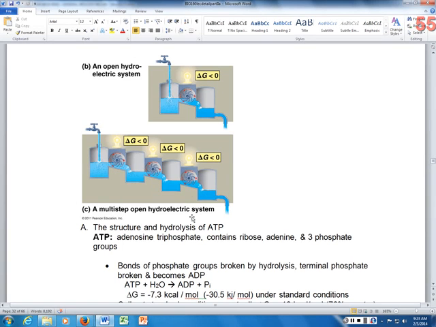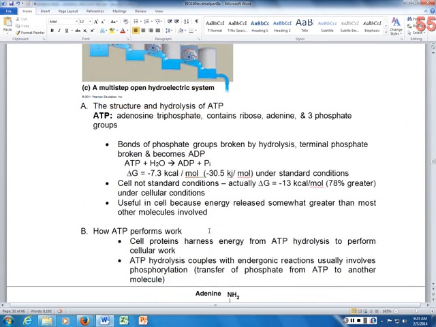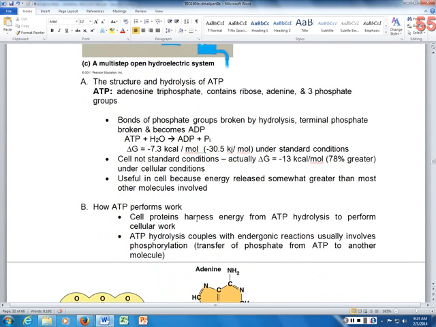The body does that as well. When you break down glucose in your body, it takes multiple steps, so you can take that energy and send it off to different places instead of getting it all in one big lump sum and saying, okay, now go split it up and fuel things.